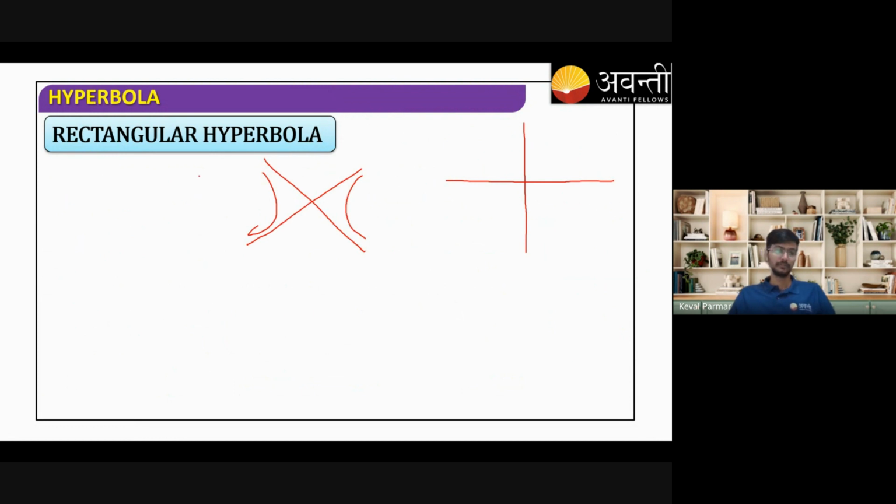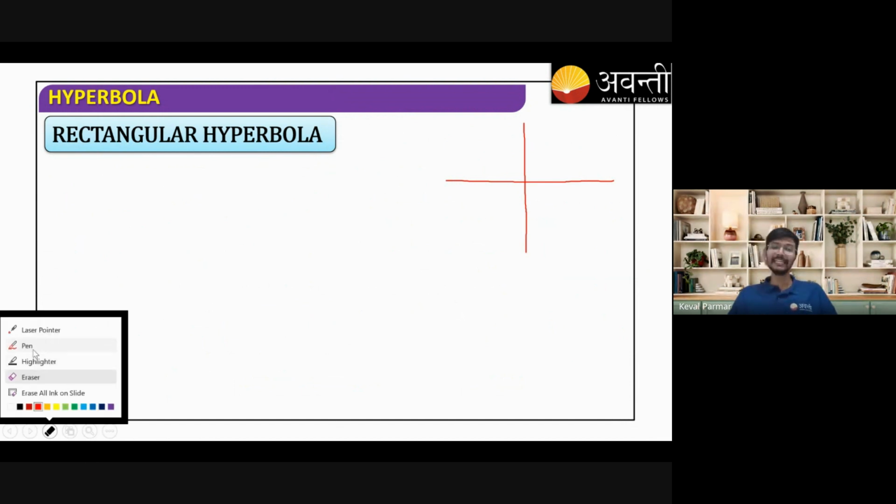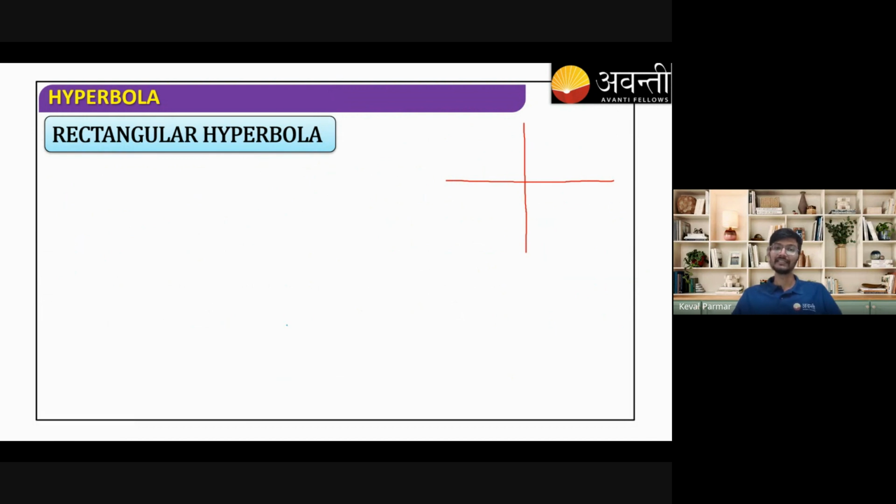So here also, if you tilt your head 45 degrees to the left, then you will see an x, and in the branches of that x, if I try to draw a hyperbola, it will look like this.